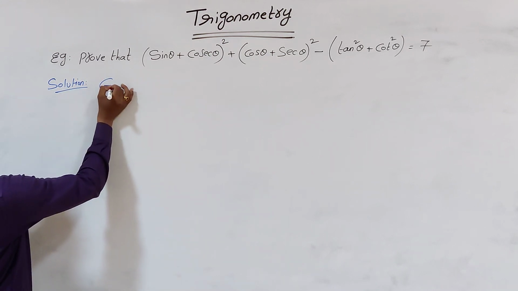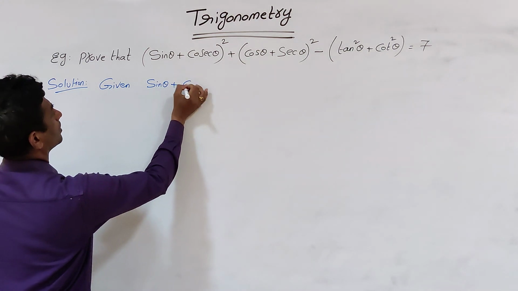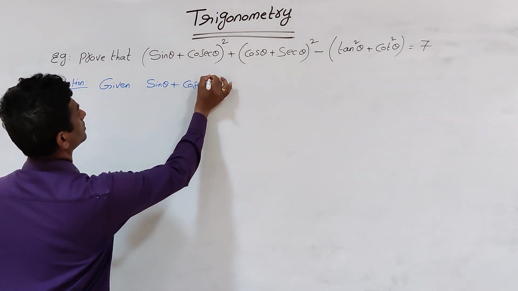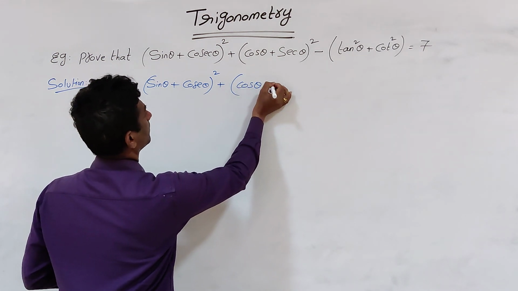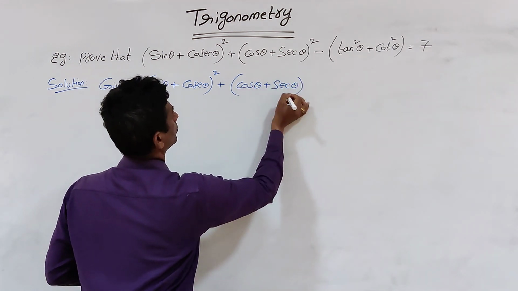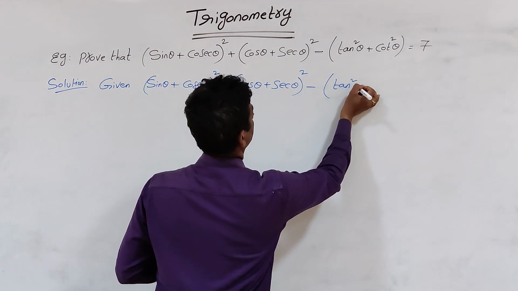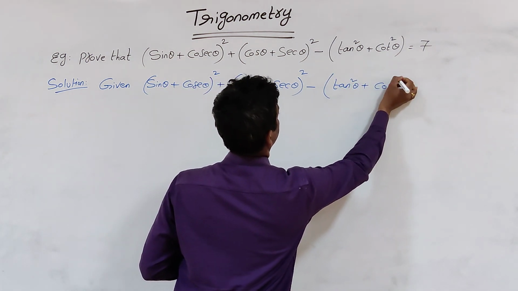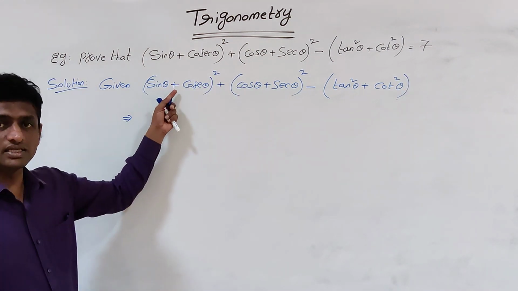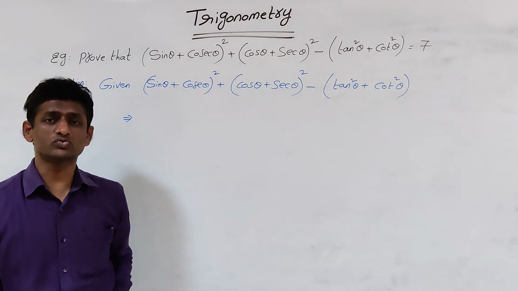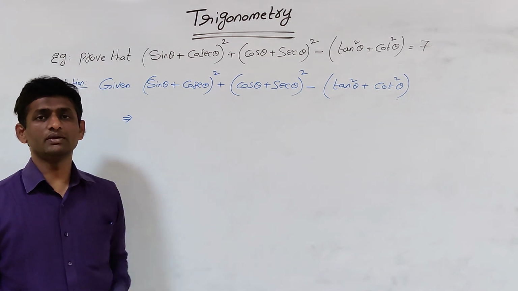So what is given? Given (sin theta plus cosecant theta) whole square plus (cos theta plus secant theta) whole square minus (tan square theta plus cot square theta). If we expand this, it is in the form of (a plus b) whole square. So what will be (a plus b) whole square? a square plus 2ab plus b square.